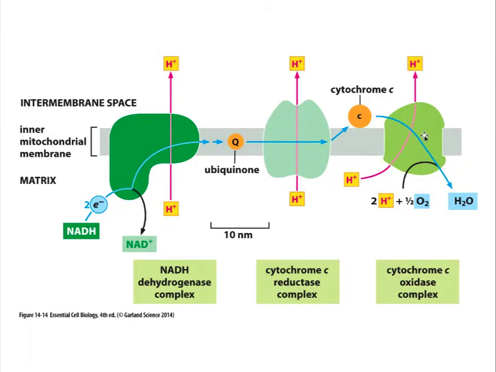When you arrive at the third complex, you just have enough energy to pump more protons to the other side. And now that you're exhausted, as I said earlier, you're then combined with protons and oxygen atoms to form water.